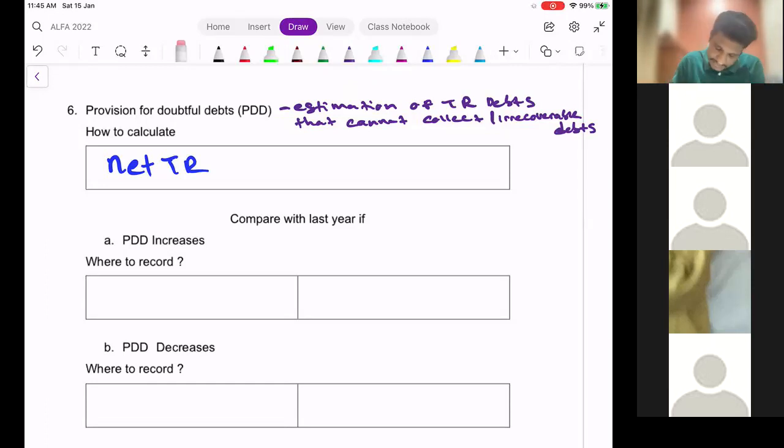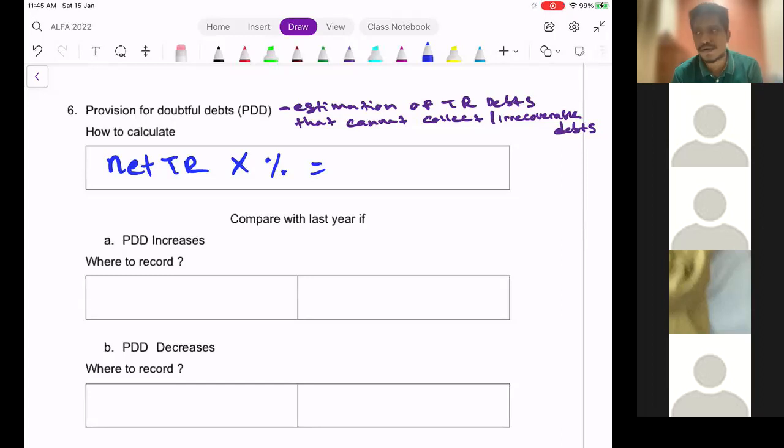So you take the net trade receivable times the percentage given, and you get the provision for doubtful debt. Normally the percentage cannot be more than 10%. 10% is too much already actually. Normally it will be like 2-3%. Okay, acceptable.